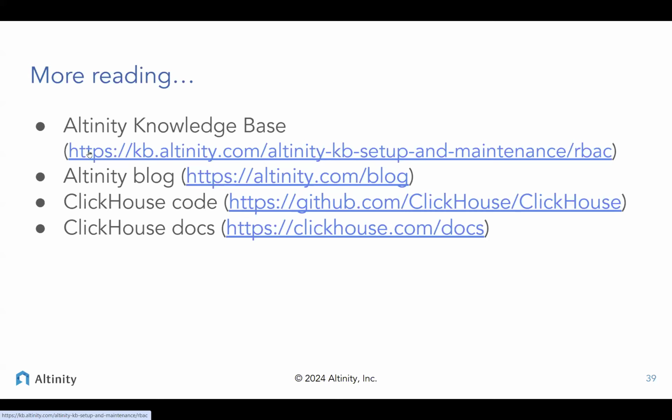For example, the RBAC article I cited here gives you examples of how to do profile settings and things like that. The Altinity blog has articles on this, on the replacing merge tree, there's a very good one called The Good, the Bad, and the Ugly. You can go read the ClickHouse code and ClickHouse docs. The ClickHouse docs are really good for seeing the overall state of things, the overall syntax.